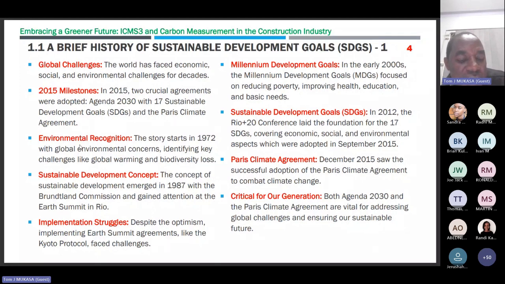That is where they started the definition of sustainable development, of trying to cater for the future as we cater for ourselves. Then from there, they've been having a lot of agreements and not fulfilling them.